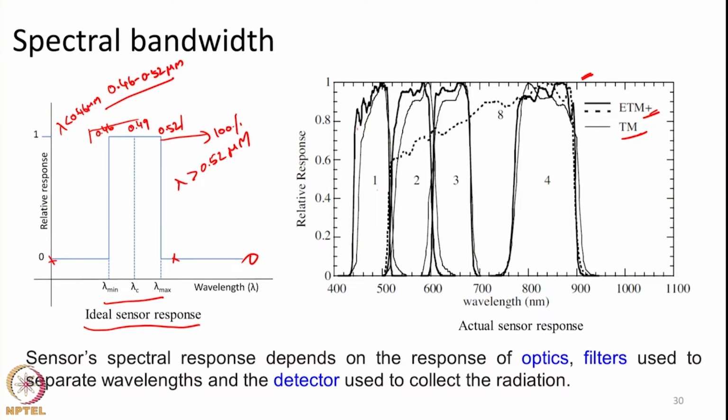You can see this is not like a perfect box. It is slightly curved and it is not having 100% efficiency, that is, the relative response is not 1, it is slightly less. Even within that particular bandwidth the sensor response is actually not uniform, a non-uniform sensor response.